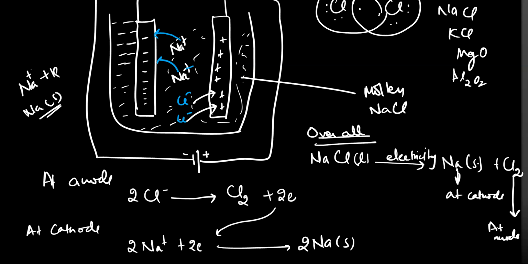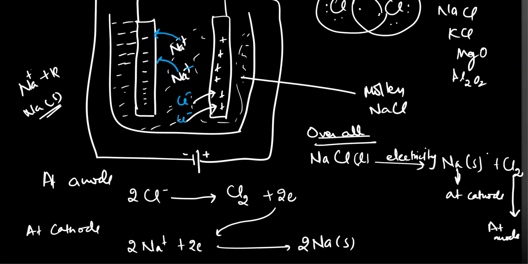So you need to remember that at the anode chlorine gas will be formed, because the question comes in the examination this way: a metal chloride X, when heated, gives a gas B which is produced at the anode, and which is also used for preparing bleaching powder.